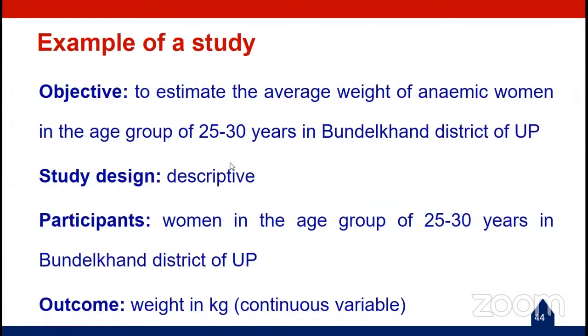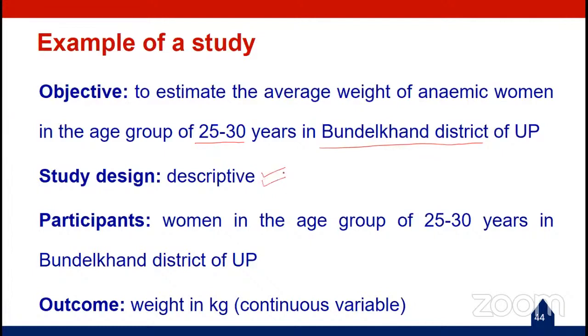Yes. So first we will go through an example. The objective of the study was to estimate the average weight of anemic women in a particular age group of 25 to 30 years who are residing in a particular district of UP. Okay. And the study design is descriptive.